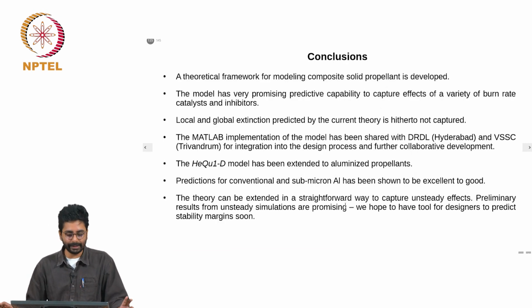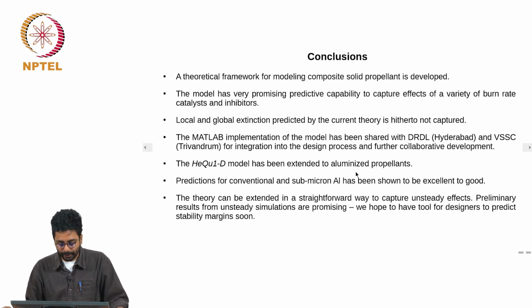So, the summary of this part is that the theoretical model for predicting the burn rates is extended to account for the effect of aluminum. The MATLAB implementation of the model is now available with DRDL, HMRL and VSSE for integration into the design process and further collaborative development.